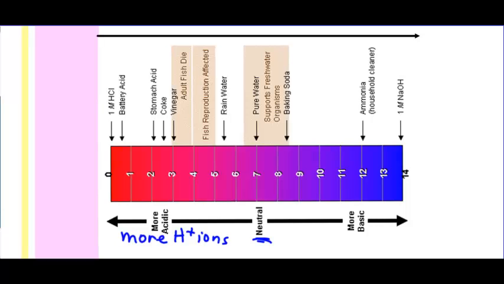So strong acids are things like hydrochloric acid, which is found in your stomach, battery acid, which is sulfuric acid, Coke as in Coca-Cola, vinegar, acetic acid, that type of thing. So the lower you go, the stronger the acid.